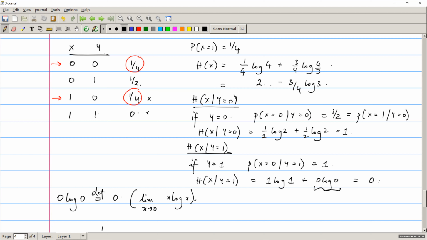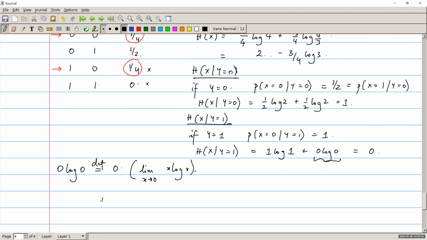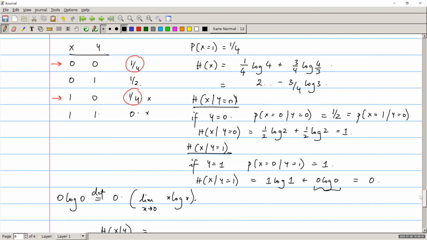Right, so in this case, h of x given y equals 0 is 1, h of x given y equals 1 is 0. The conditional entropy of h of x given y is the probability y equals 0. So what is the probability that y equals 0? 1/2.